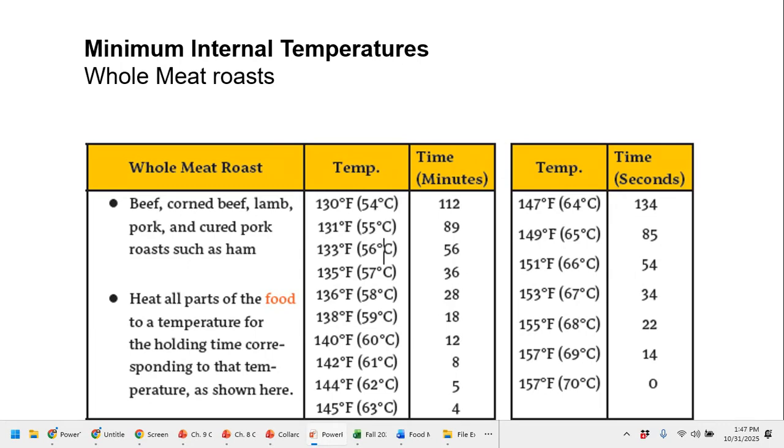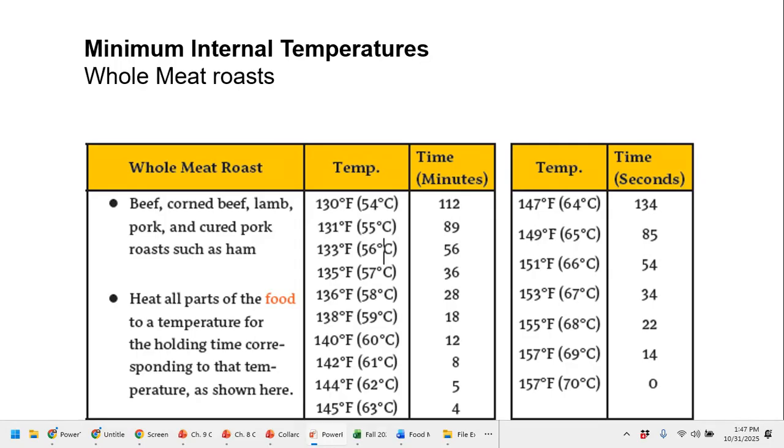Where does the temperature danger zone top out at? 135, right? So I can technically, legally, and with all concerns out of the window, cook that roast beef to 130 degrees, even though it is technically inside the temperature danger zone. But I must hold it at 130 degrees for 112 minutes.